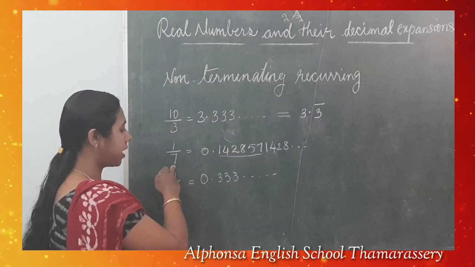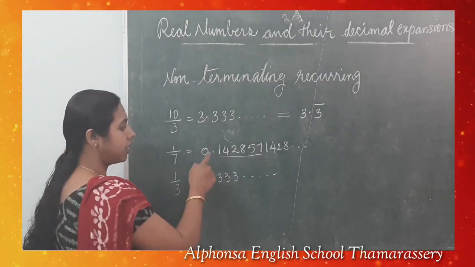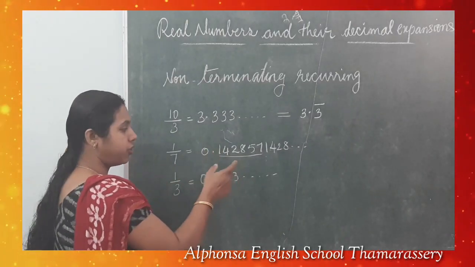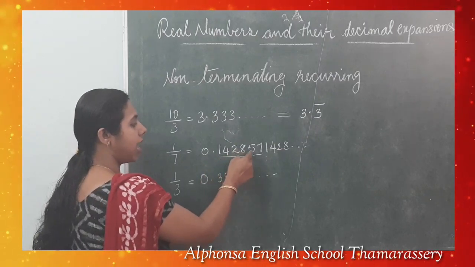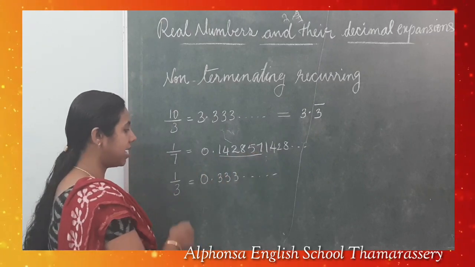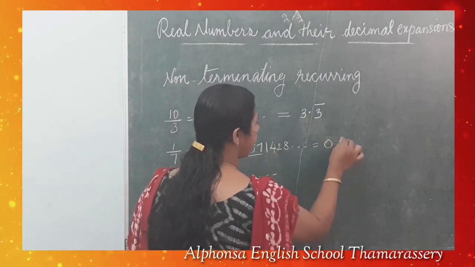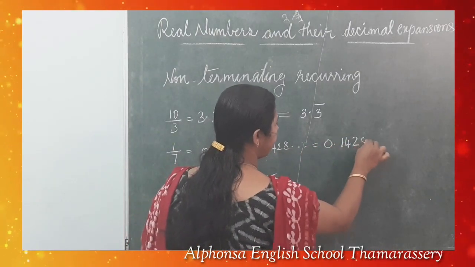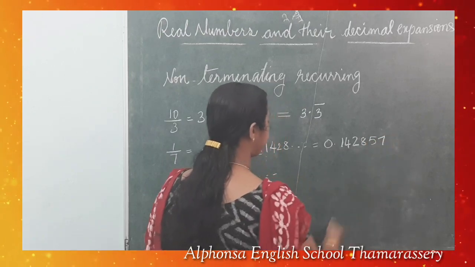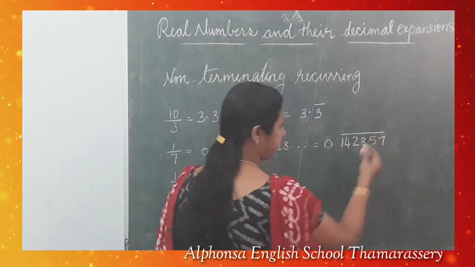And in the decimal expansion of 1 by 7, the block of digits, that is 1, 4, 2, 8, 5, 7, is repeating. So we can write it as 0.142857 bar.